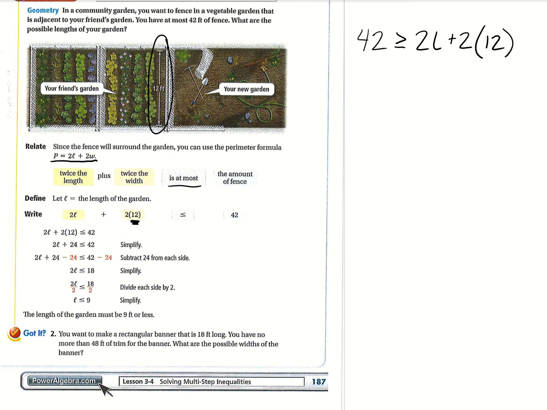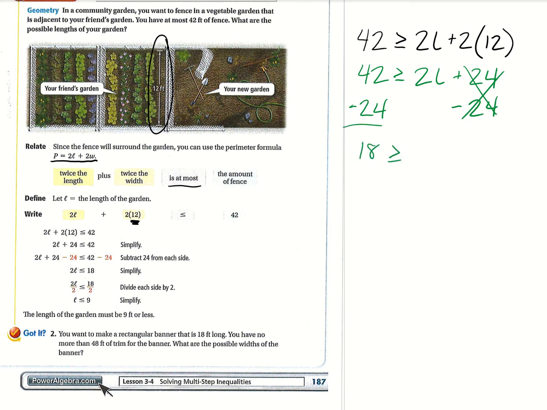We are looking to find the possible lengths that we can have. The first thing I'm going to do is simplify. I'm going to do 2 times 12, which is 24. Next I'm going to solve it like normal. I'll subtract 24 from both sides in order to get all of the constant terms on one side with the variable terms on the other.